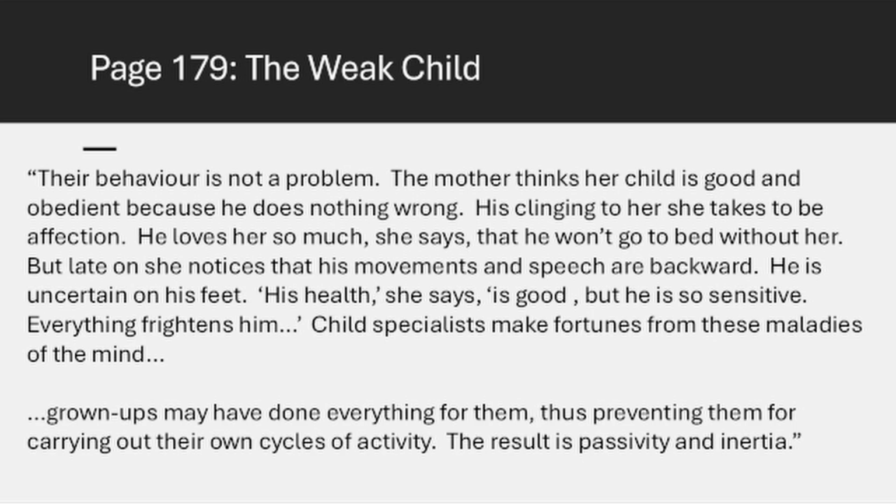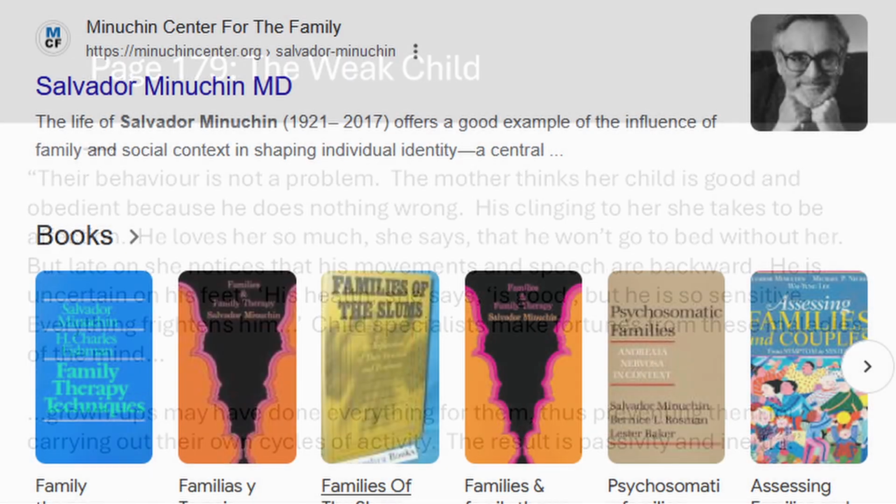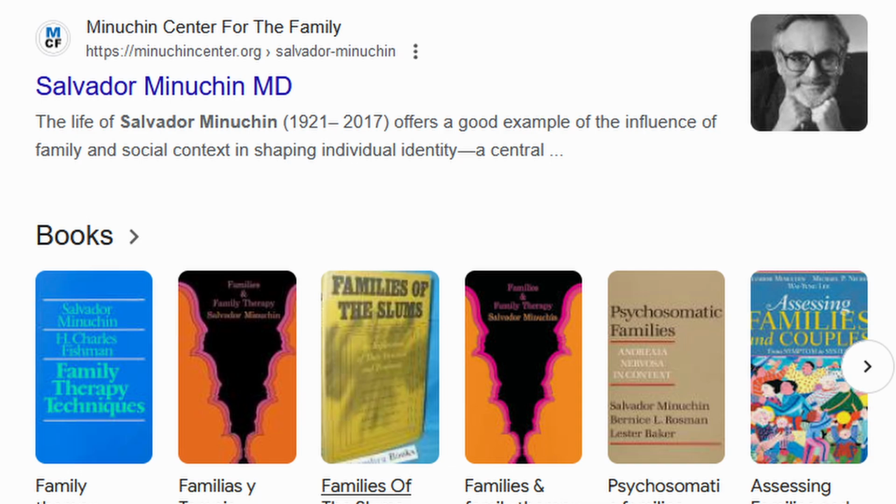Somebody who did really interesting work with this is Salvador Minuchin on structural therapy. His work is really interesting, and he worked particularly with children with psychosomatic issues. And so you'll see that the restructuring of the family unit to not enable a child who is very weak can actually solve these psychosomatic illnesses in children.